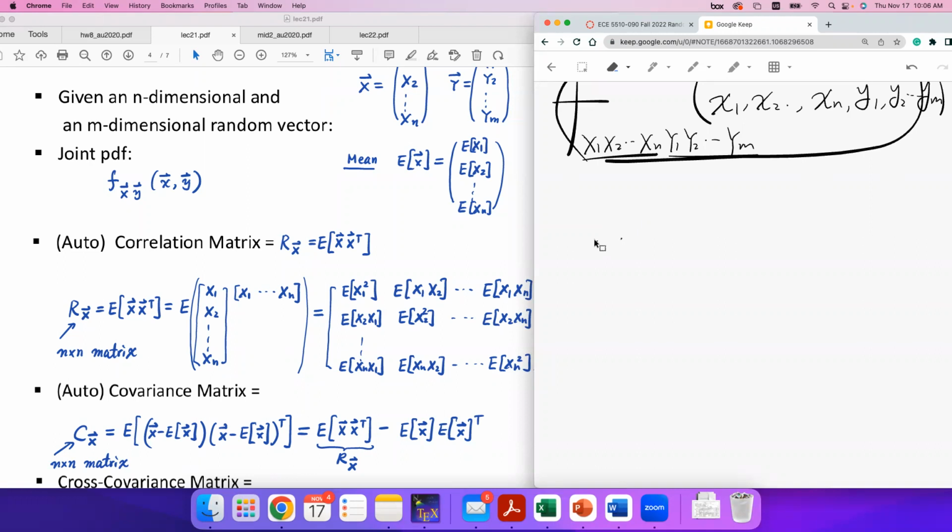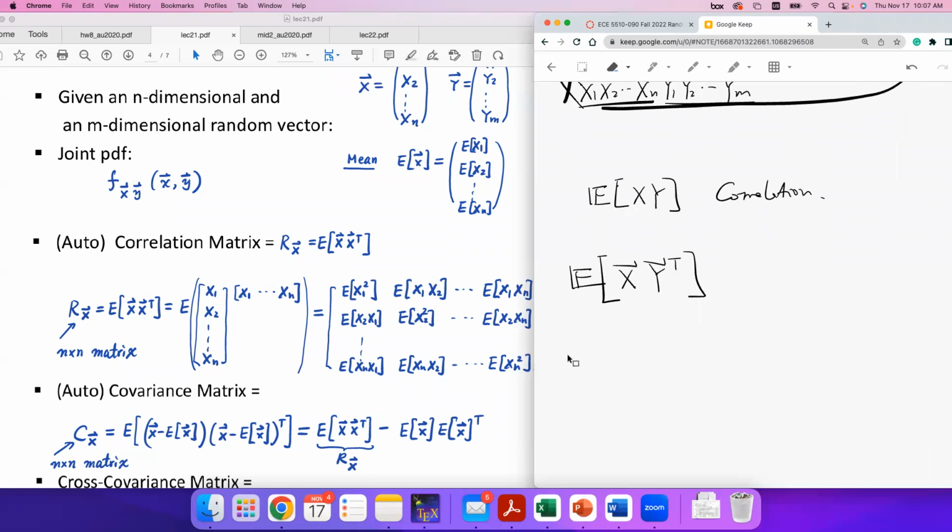For two random variables, the correlation is defined as E[XY]. But for two random vectors, it's defined as E[XY^T]. Now X is a column vector, X1, X2, Xn. Y is also a column vector, but after applying transpose, it becomes a row vector.